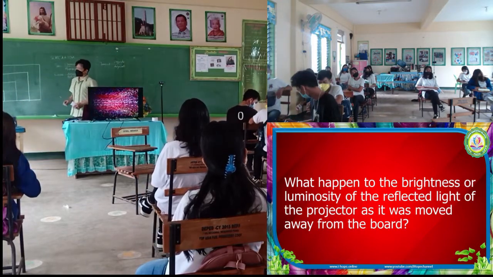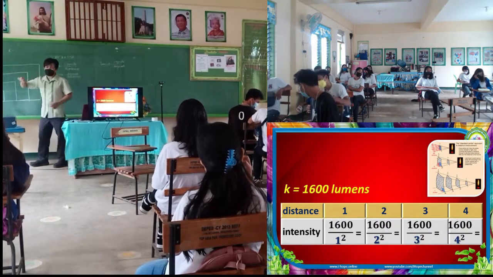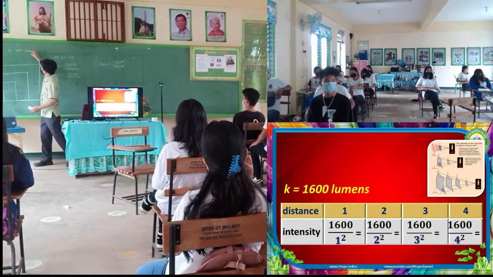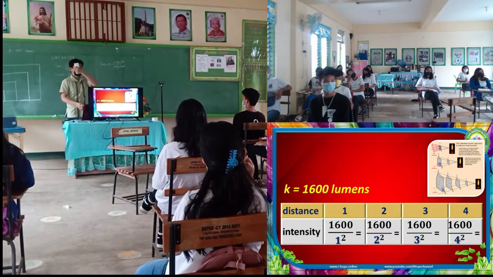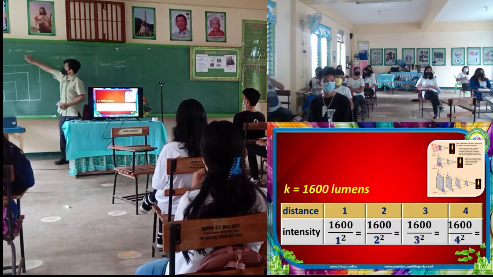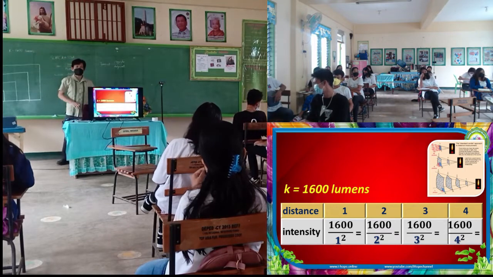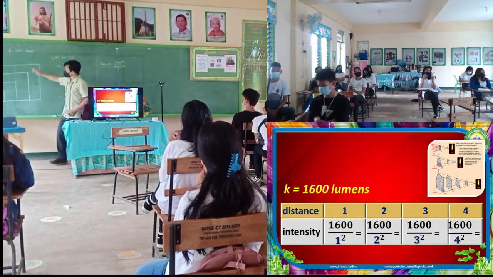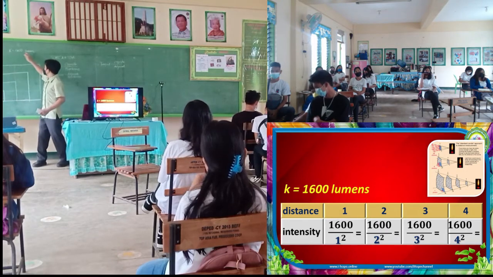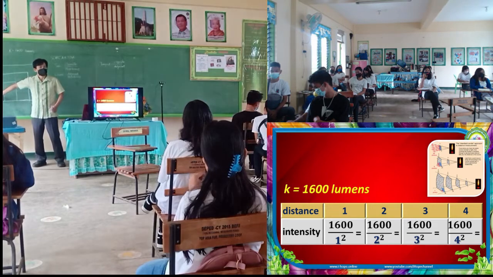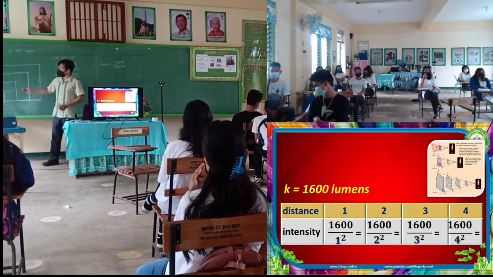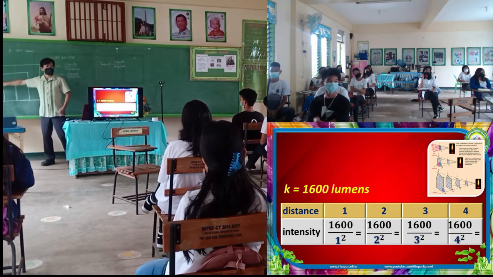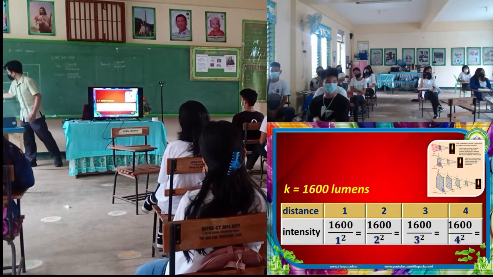For example, say the constant is 1,600 lumens, the intensity of the projector light. Actually, your projector is 4,000 lumens, but this is just an example: 1,600 lumens is the constant, the brightness of the projector bulb. So, here the 1,600 lumens is concentrated. When we move to 2 feet, the 1,600 is divided by 4, so it becomes 1 over 4.